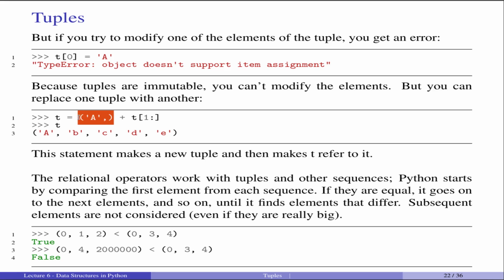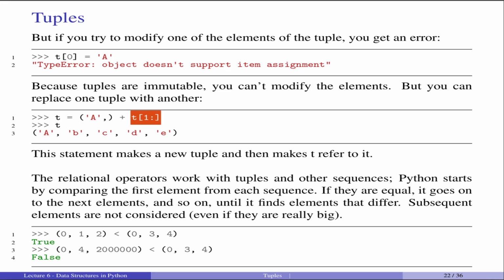So this is a single element tuple, plus we are adding a slice of T, which is a tuple that starts from the index 1 and ends in all other elements.